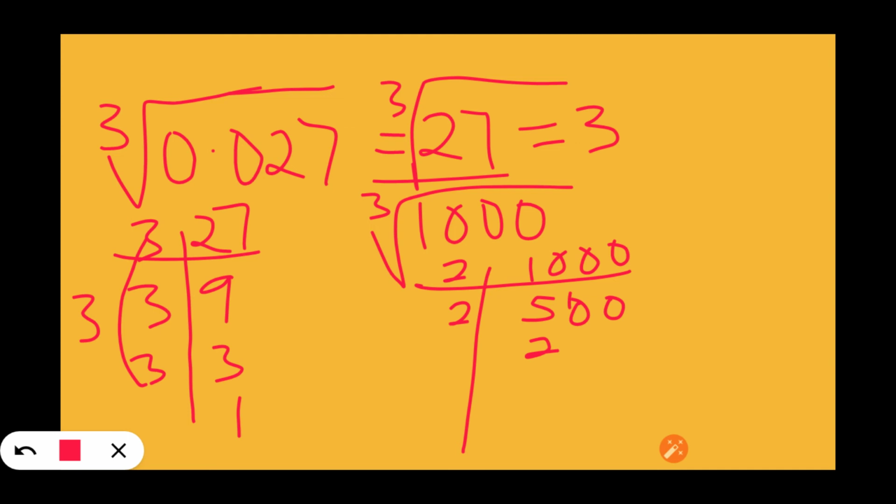This becomes 10. 2 into 10 is 5. 2 into 0 is 0. 2 can also go into this. 2 into 2 is 1. 2 into 5 is 2. Remaining 1, I take the 1 here. This becomes 10. 2 into 10 is 5. 5 can also go. 5 into 12 is 2. Remaining what? 2. 5 into 25 is 5. And 5 into 5 is 1.